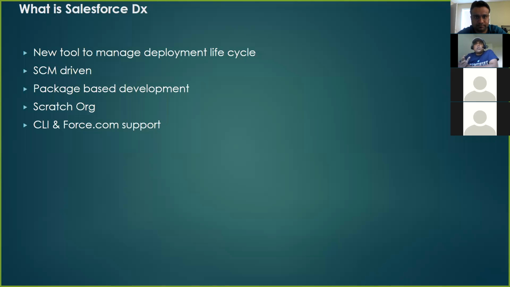To overcome that problem, we have another tool, which is my favorite tool, and I always refer to it: the Ant migration toolkit, or Ant metadata toolkit. The advantage of Ant is that you can deploy from anywhere to anywhere, from your development org to your sandbox to your production.